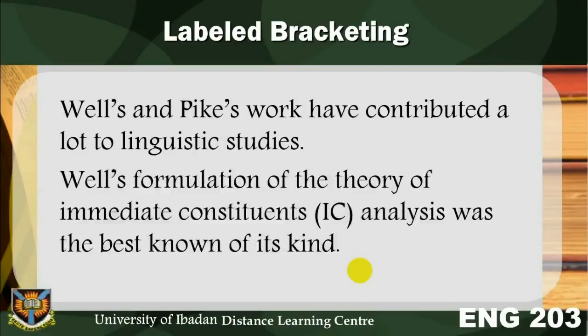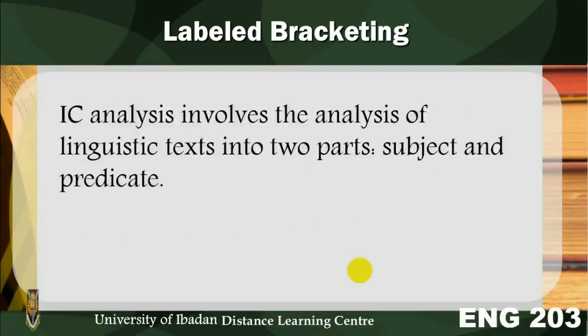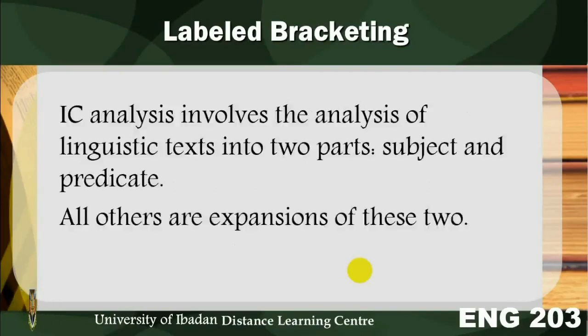Wells' formulation of the theory of immediate constituents, IC analysis, was the best known of its kind. IC analysis involves the analysis of linguistic text into two parts, subject and predicate. All others are expansions of these two.